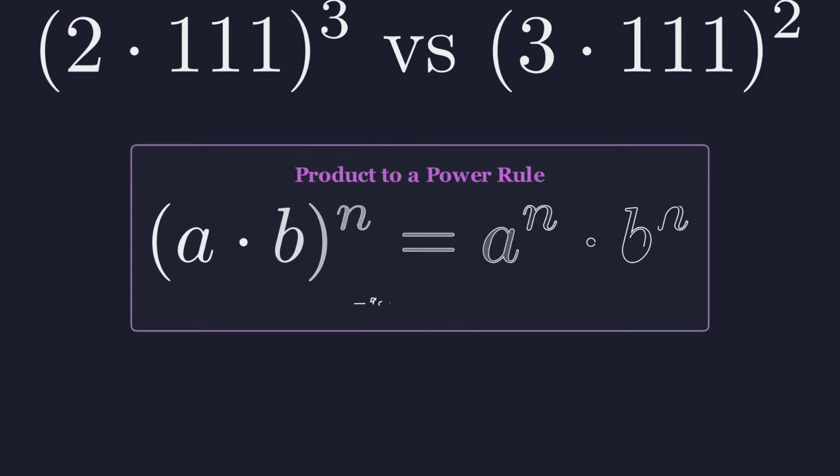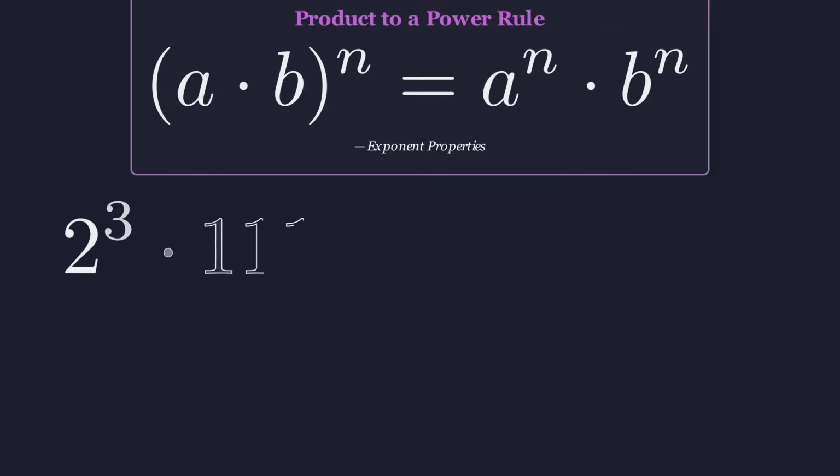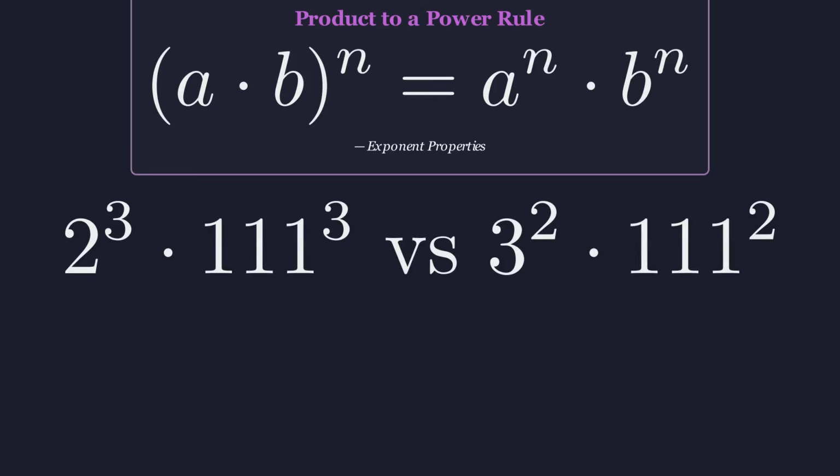This lets us use another exponent rule. A product of a times b raised to the power of n equals a to the n times b to the n. Applying this rule, we can distribute the exponents to each factor inside the parentheses. The left side becomes 2 cubed times 111 cubed, and the right becomes 3 squared times 111 squared.